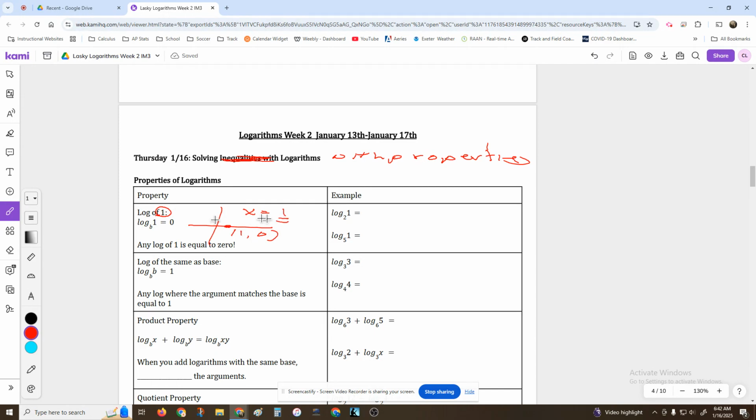So if I plug in 1, I'll automatically get 0. That's the idea behind this property. Anytime the x value is 1 in a logarithm, the answer is 0. So log base 2 of 1 is 0, log base 5 of 1 is 0.